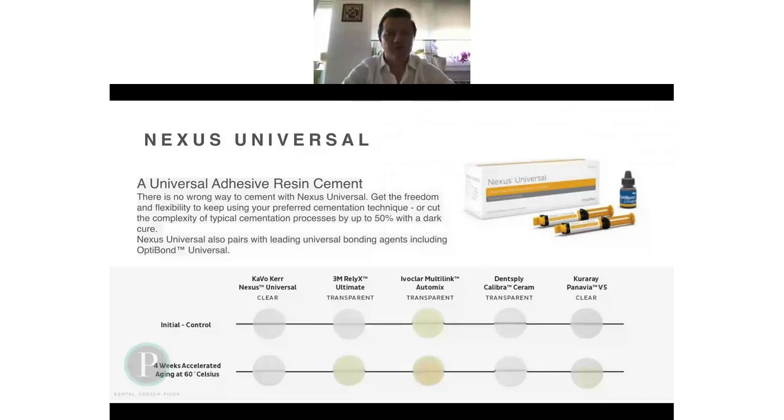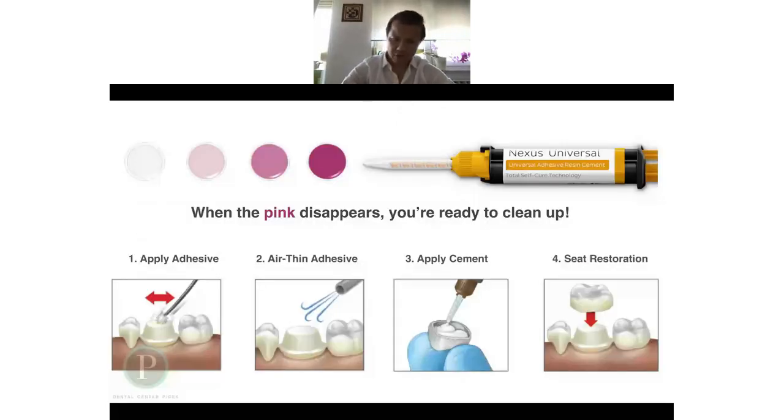When you speak about cement in the posterior region, there is also a very good cement which I could use in this case, but in this particular case I used Nexus 3rd generation. This is for me a very good product, very good cement. It's Nexus Universal. What is so good about it? You have only four steps.